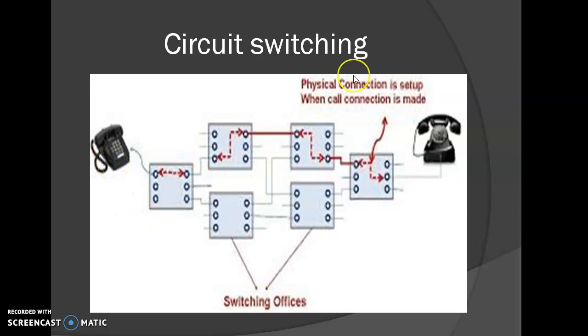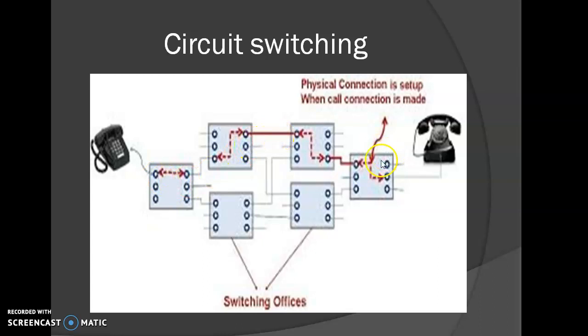Once you're connected to this person, no one can disturb you in between the call. If someone tries calling you when you're busy with someone else, the other person will not be able to connect to you. That means your line here is dedicated to this particular call. Only after you have hung up can the other person call you.